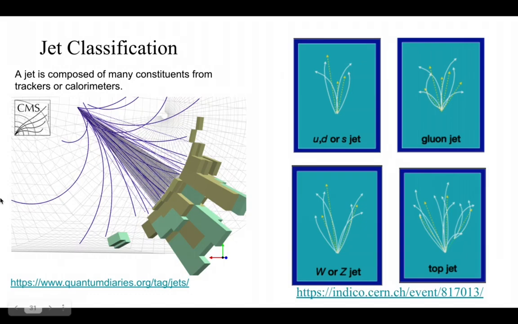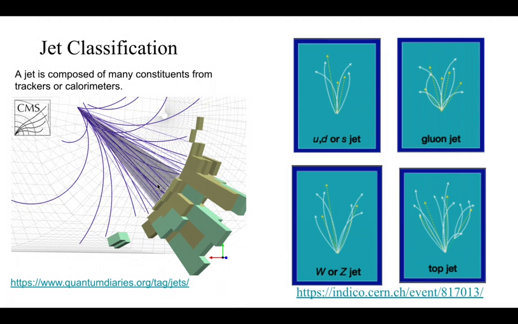Here's one event display showing a top quark candidate showering into many hadrons. The inner part is the charged particle trajectory, and the tiles here represent the calorimeter hit and energy measurement. For this dataset, we provide all the constituents, which can be used to build the four-vector of the jet.